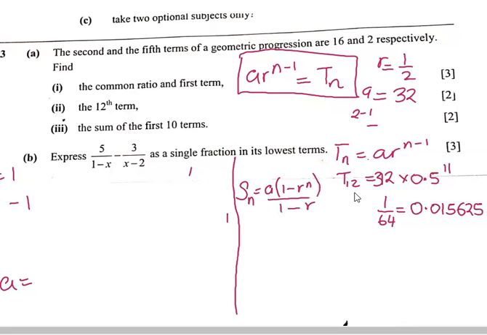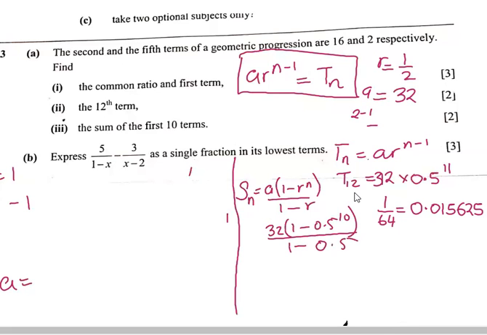This is the formula that we're going to use if r is less than 1. I'm going to say a is 32. I'm doing the substitution. Then 1 minus r is 0.5: 0.5 to the power 10 divided by 1 minus 0.5, which is our r.